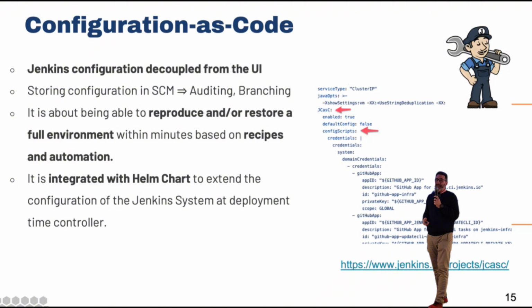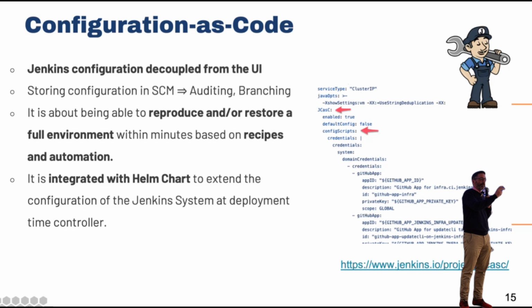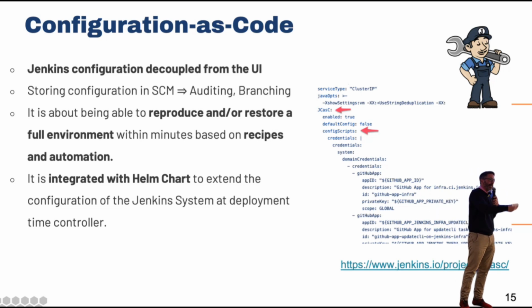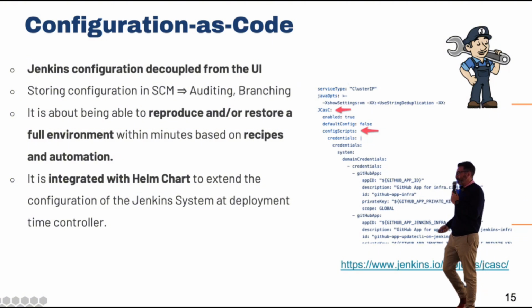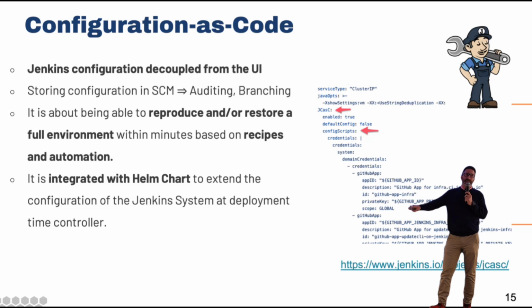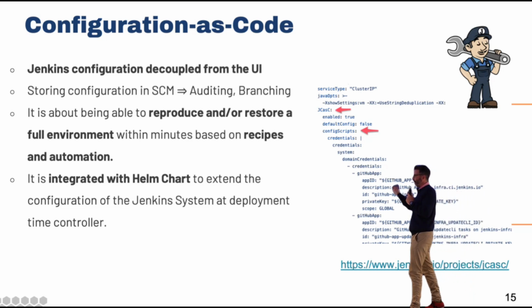Also, because everything is stored as code, you can easily replicate that deployment from one environment to another. In case of disaster recovery, or if something goes wrong, you can recreate your environment. Configuration as code integrates with the Helm chart, which means that at the same time you are installing the application, you are also configuring it.